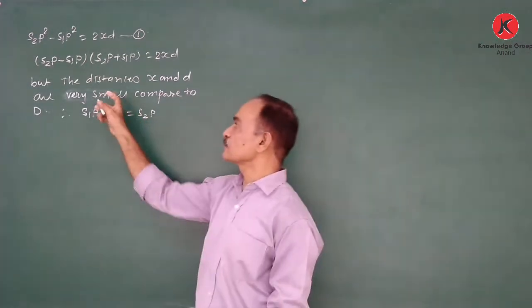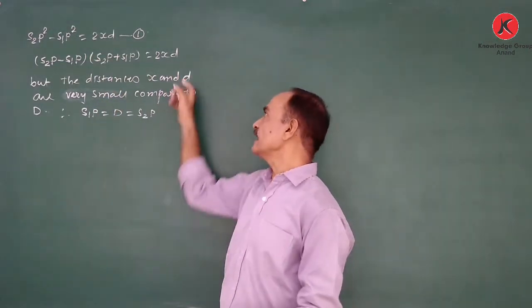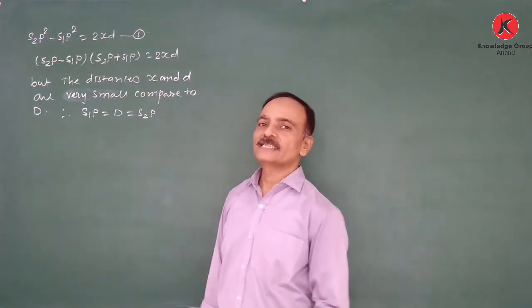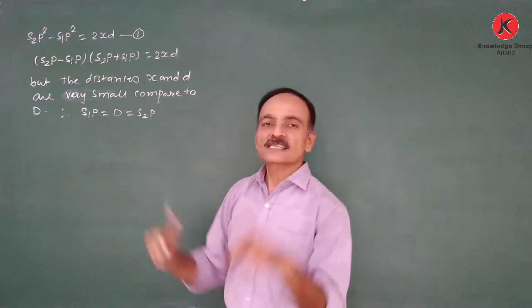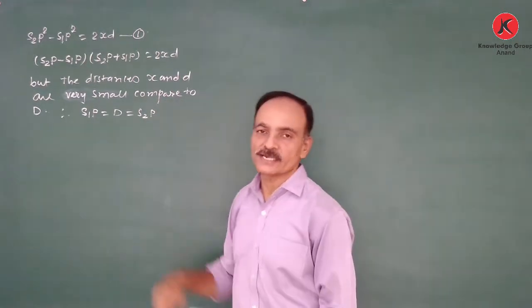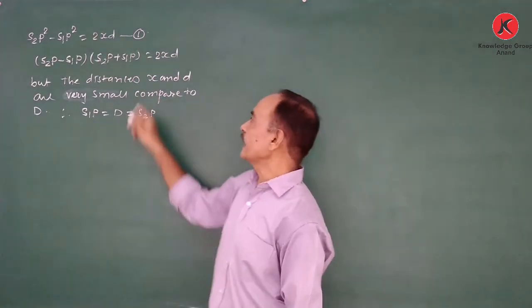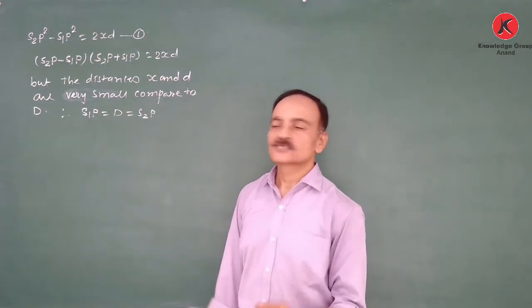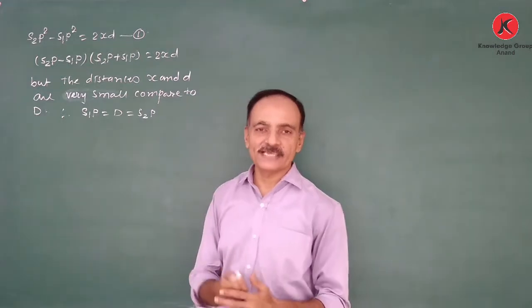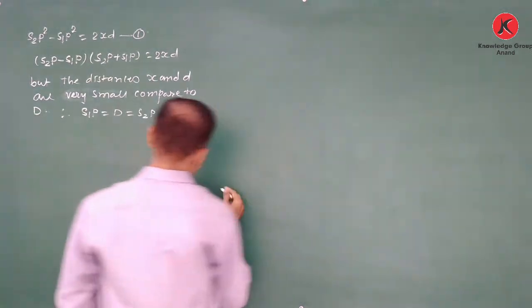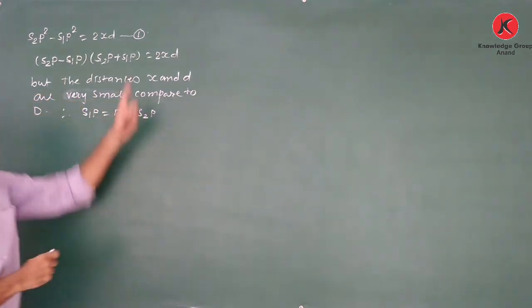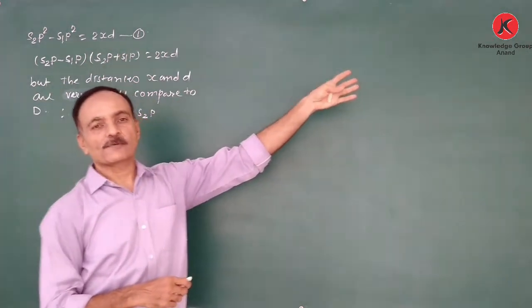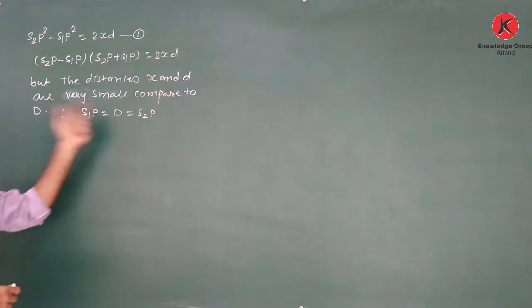Why? Because x and d are very small. Now small d is of the order of millimeter, and capital D is of the order of meter. Therefore, capital D is 1000 times more than small d. The x is also in millimeter or centimeter, so that is also very small compared to D. Actually the distances S1P and S2P are very large, therefore we consider them as the distance of the screen.